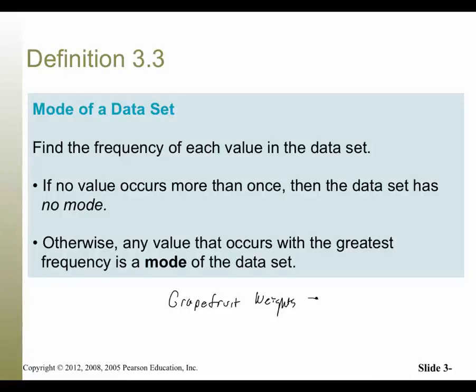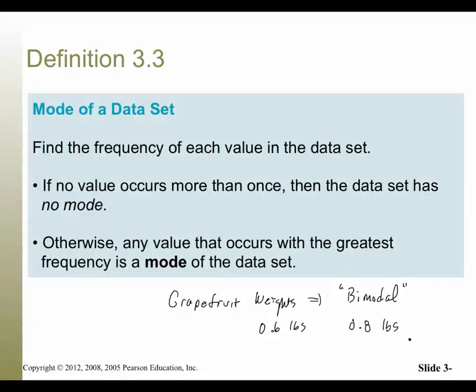So for the grapefruit weights, we call that bimodal because there's 2 modes. And the 2 modes were? Tell me again. 0.6 pounds and 0.8 pounds.